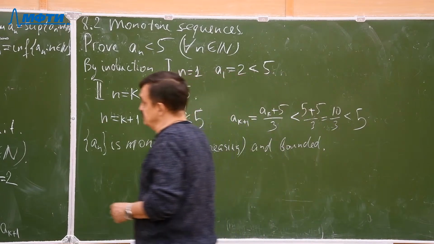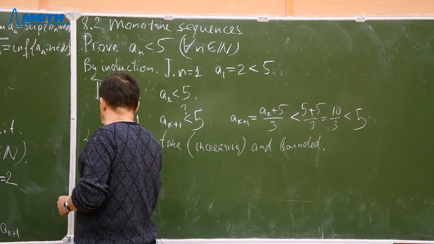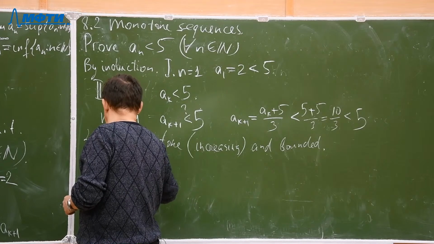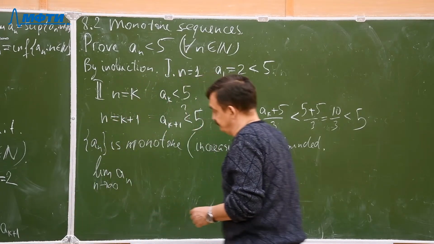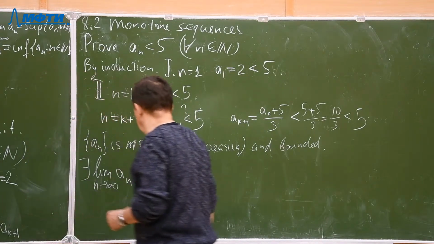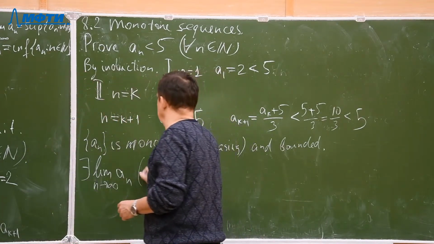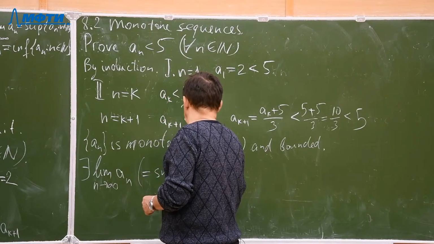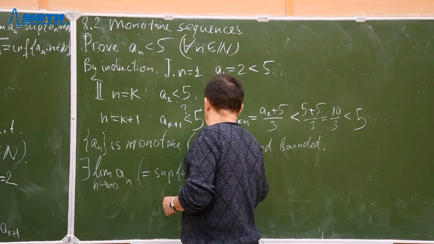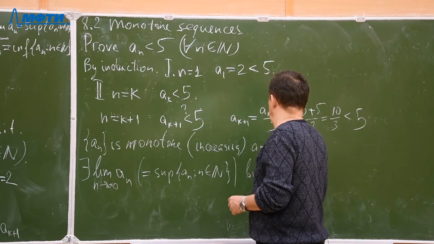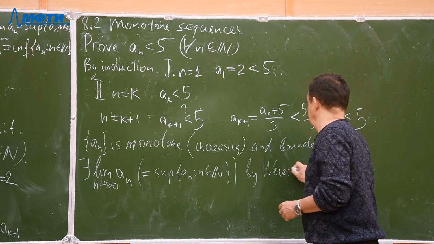So it means, according to the Weierstrass theorem, there exists the limit of the sequence. In fact, it is equal to the supremum, but it is not so important at the moment. So by the Weierstrass theorem.